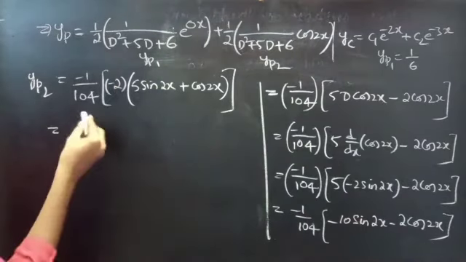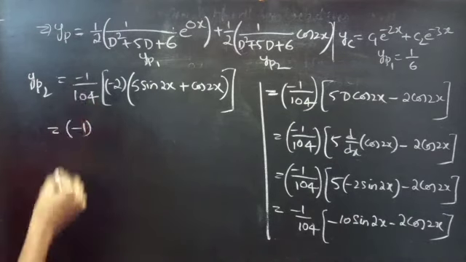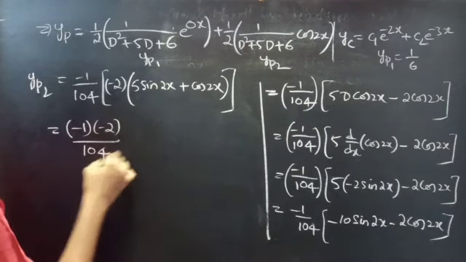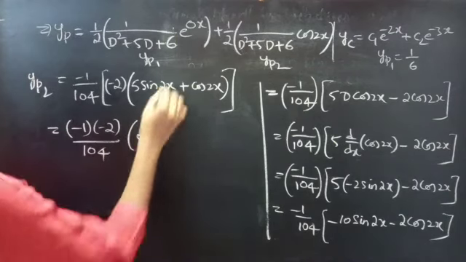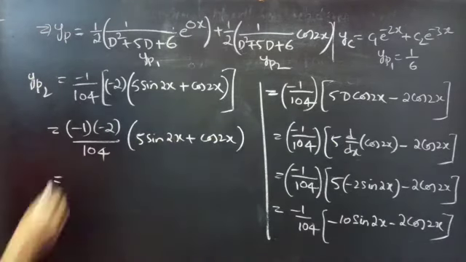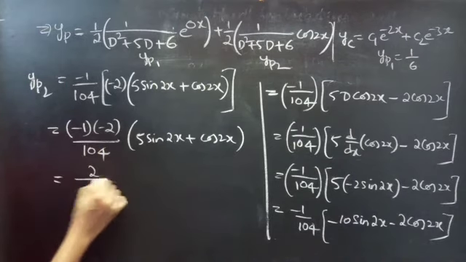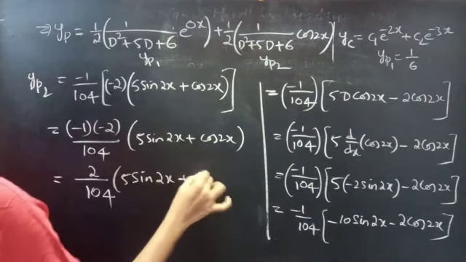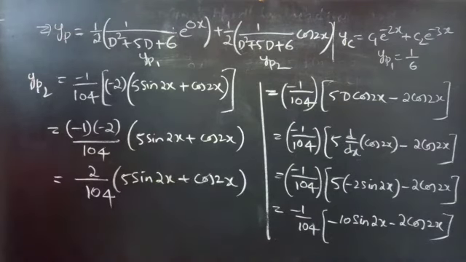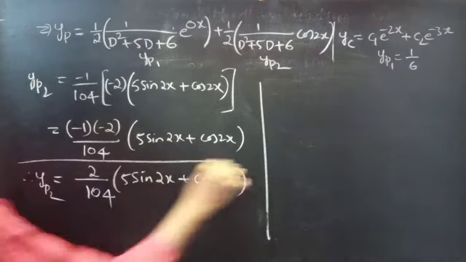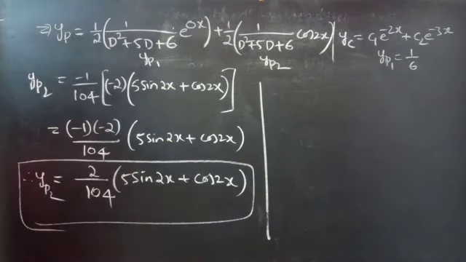Now just write this as -1 into -2/104 (5 sin 2x + cos 2x), which equals 2/104 (5 sin 2x + cos 2x). This is YP2. Therefore, YP2 equals this.